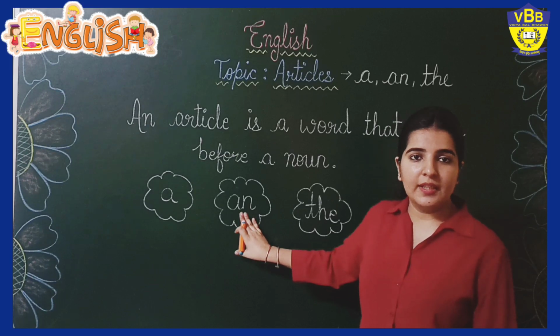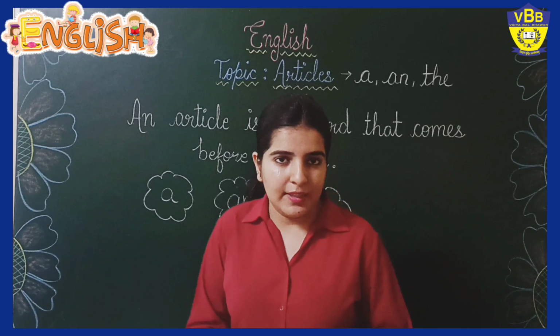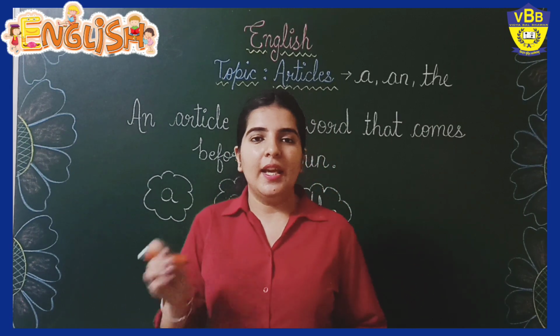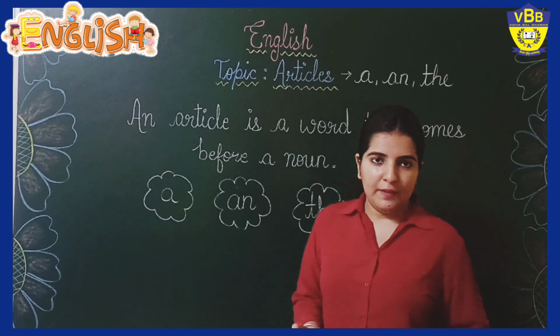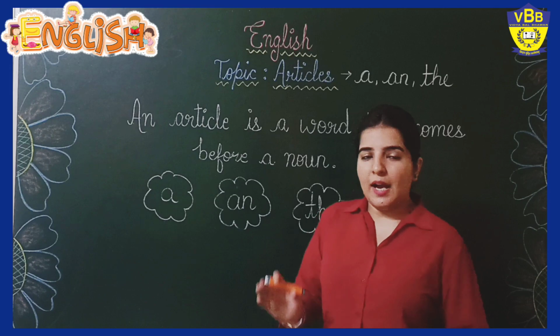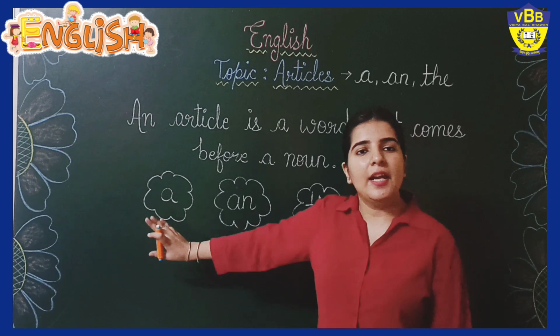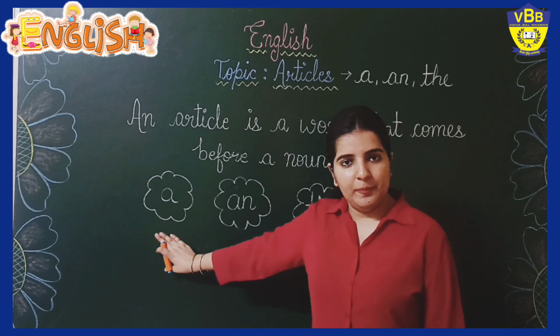The rest of the 21 letters, B, C, D, F, G, M, N, P, R, all such alphabets which are left after taking out vowels, are consonants, and with consonants we use the article a.